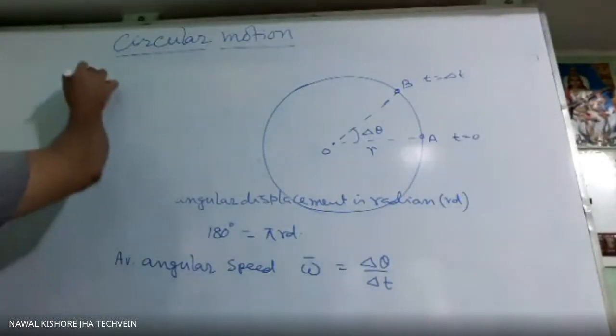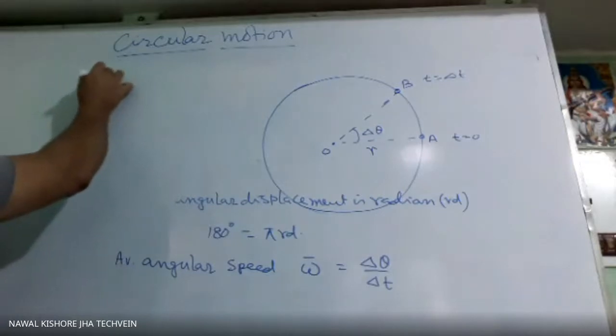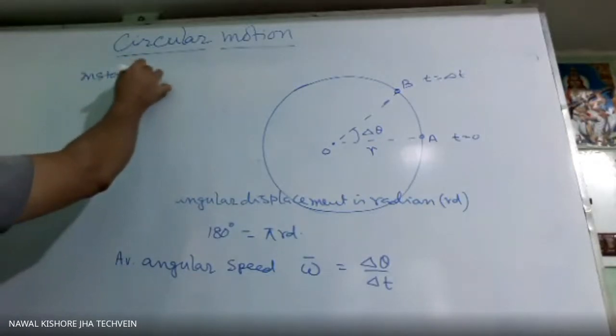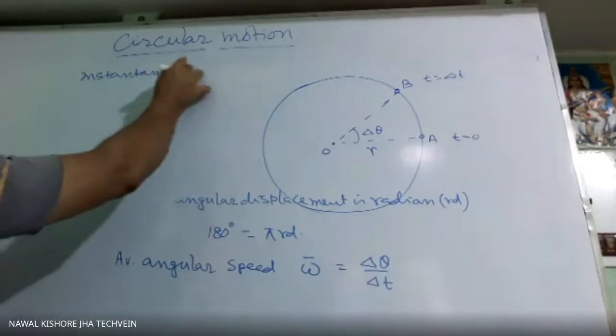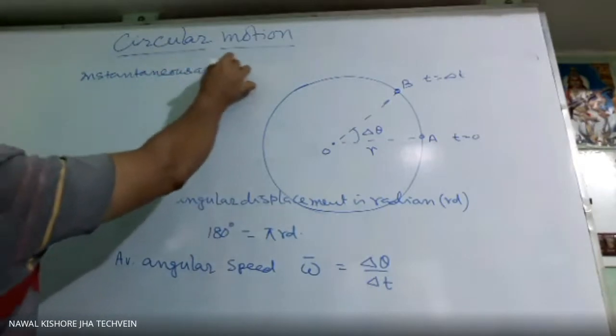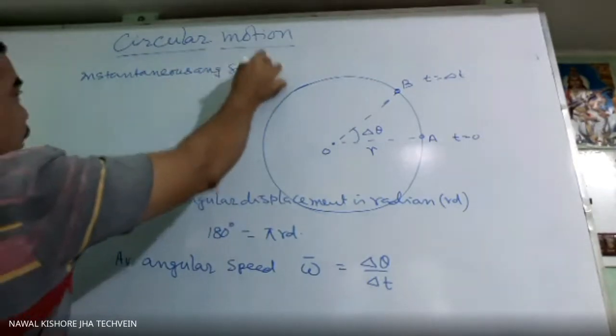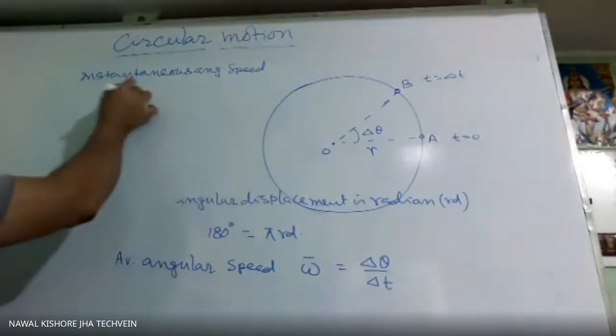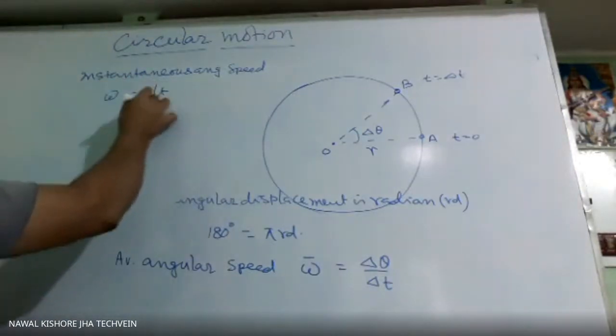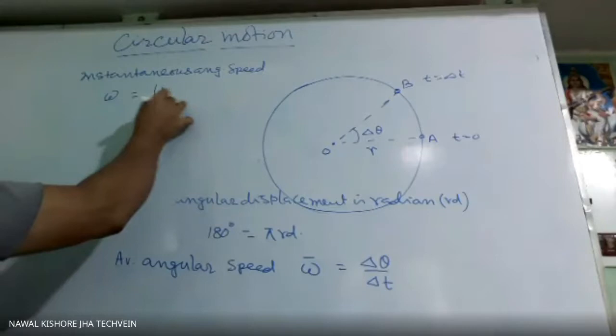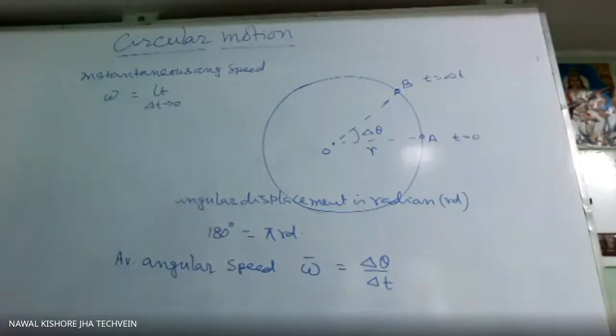And the instantaneous angular speed omega will be, and we say, limit delta t tending to 0. When we are taking instantaneous, what are we doing? We find the average for a very small interval of time.